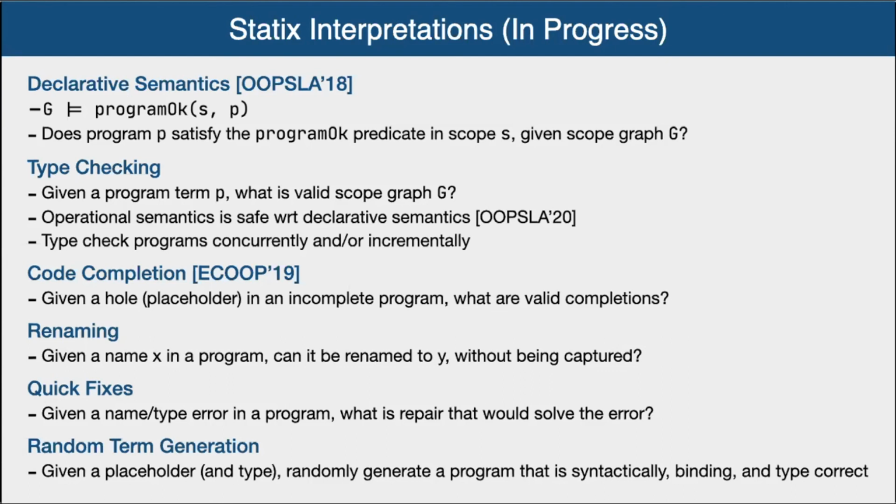Other things we can work on are quick fixes: suppose there is an error in this program, what are possible repairs for that error? And random term generation: given nothing, just a placeholder, what are correct programs to fill in? That is useful for testing all kinds of tools, or for fuzzing compilers, etc.